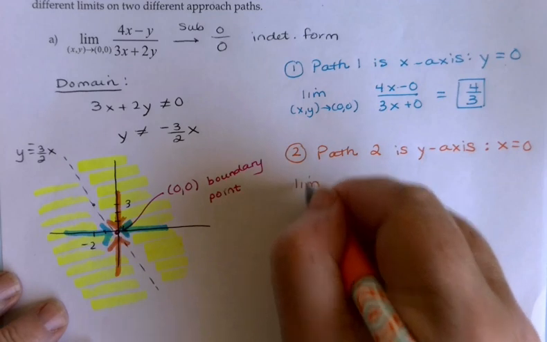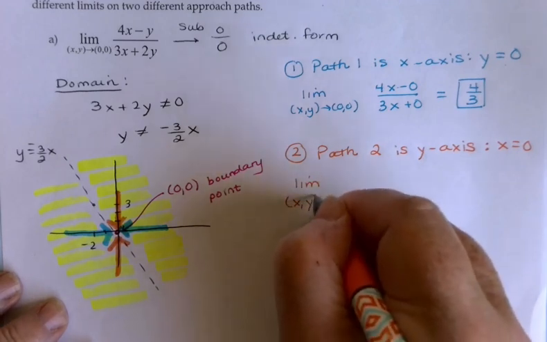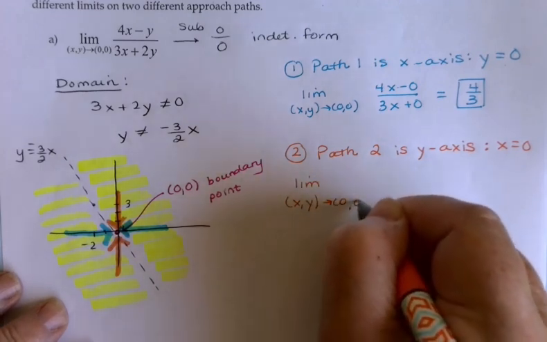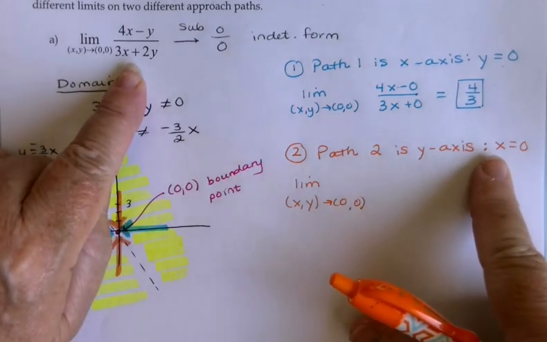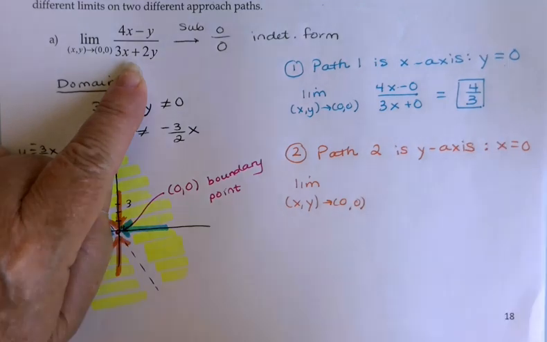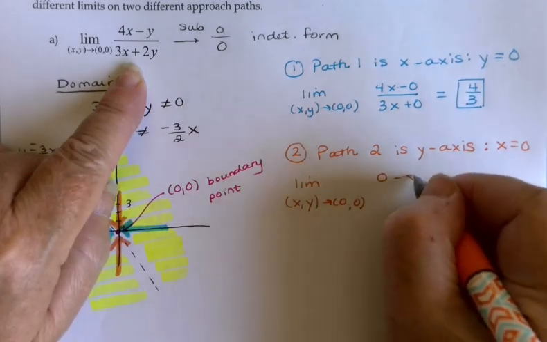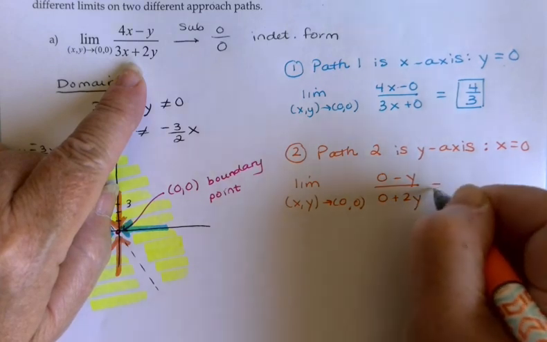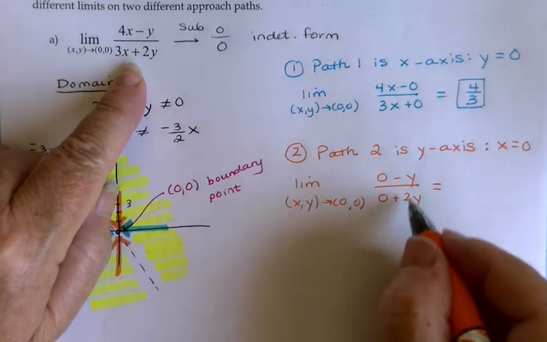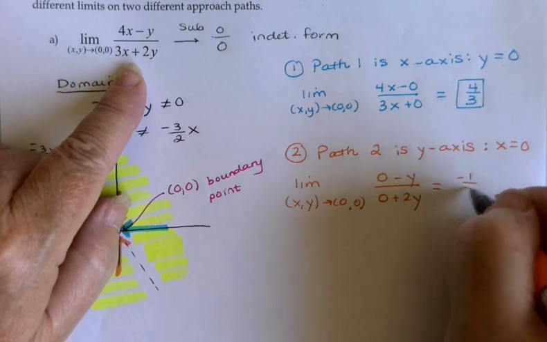So I'd have the limit as (x, y) approaches (0, 0). And this time when I write down my function, I'm going to substitute in x equals 0. So I'd have 0 minus y over 0 plus 2y, and you can see that negative 1/2 is what that's going to simplify to.